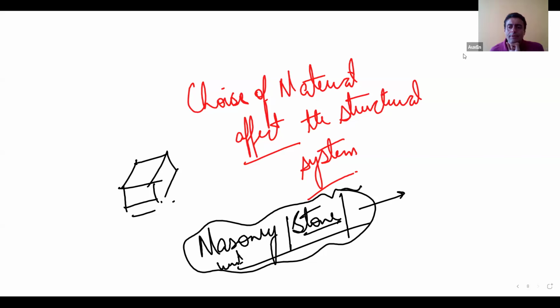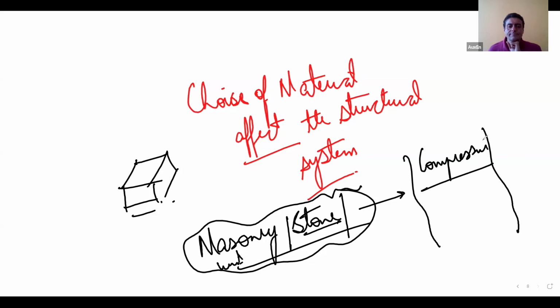Tell me. If the only choice available with me is, let's say, masonry units or stone, which structural systems may I have to select? So the structural systems, as Mr. Zoeb is saying, I will have to come up with structural systems that are suitable only to take the design actions of compression. Okay. So only compression will be a suitable design action which my masonry system can resist, or a system made out of stone can resist.